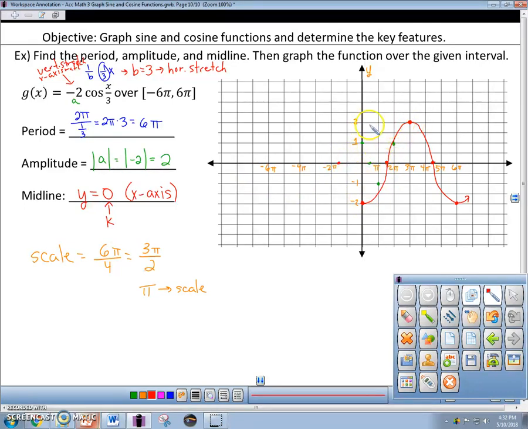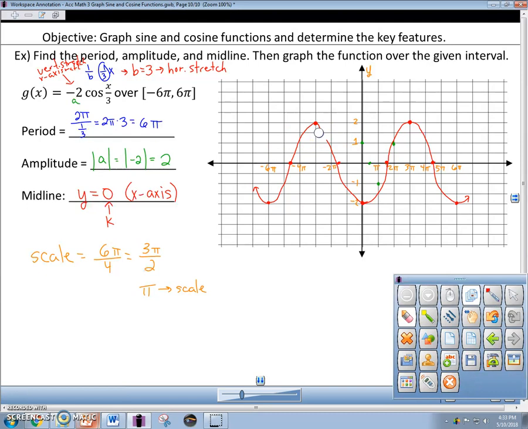And then this point, 3 units was reflected over there. And this point right here, which is 4.5 units, gets reflected there. And this one, which is 6 units this way, is 6 units that way there. And that will allow us to complete the graph of the cosine function.